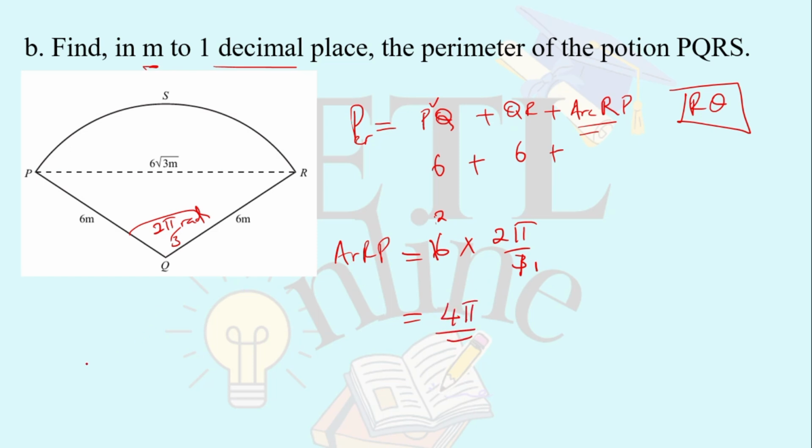Now to find the perimeter of the whole portion, we're going to say 6 plus 6 plus 4 pi. We just have to punch this on the calculator and find our answer. To one decimal place, it becomes 24.6. So 24.6 meters is going to be the length of our portion.